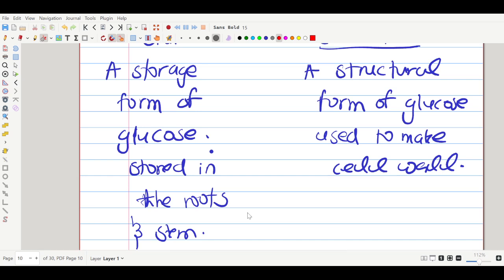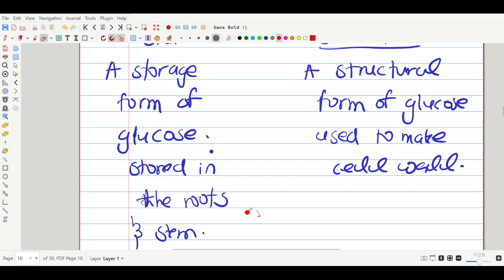Plants make their own food through the process of photosynthesis, and photosynthesis takes place in the leaves, and some plants shed their leaves during winter. Plants then must have a storage of glucose somewhere.